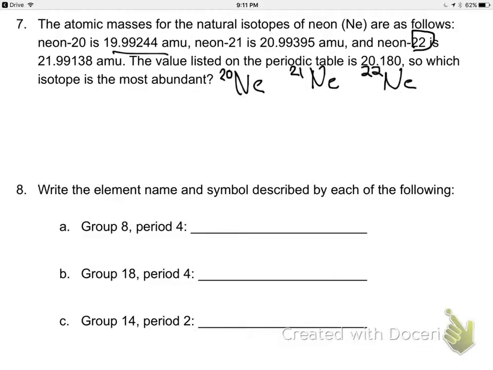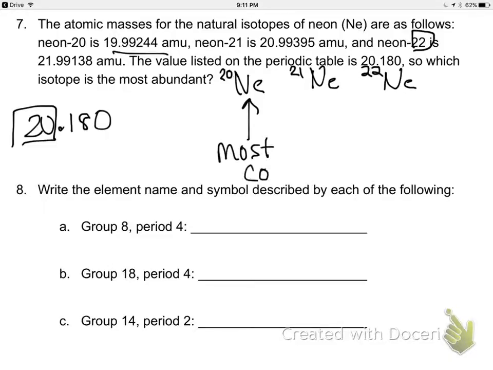So even something as non-reactive as neon, it's a noble gas, so you know it doesn't really react with anything, has different isotopes. The periodic table says the mass is 20.180, which is very close to 20. So that means that neon with a mass of 20 is the most abundant. Remember, the word abundant also means most common.